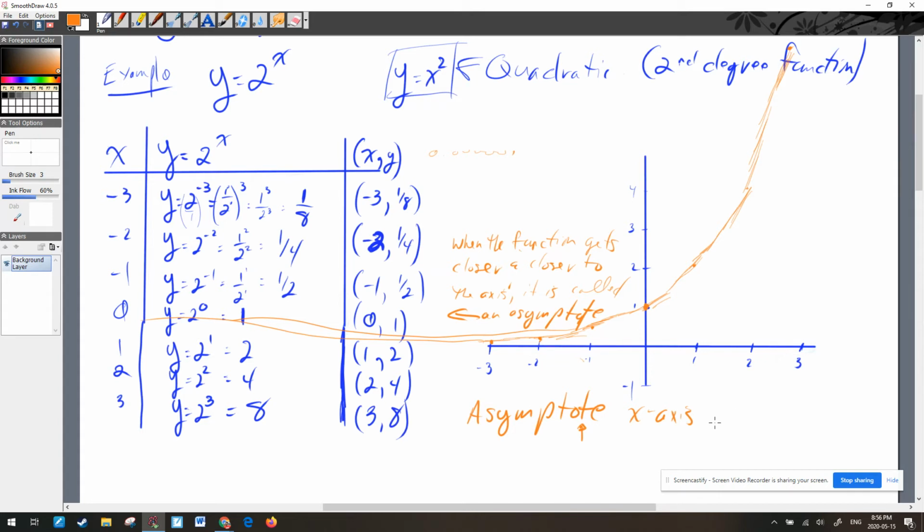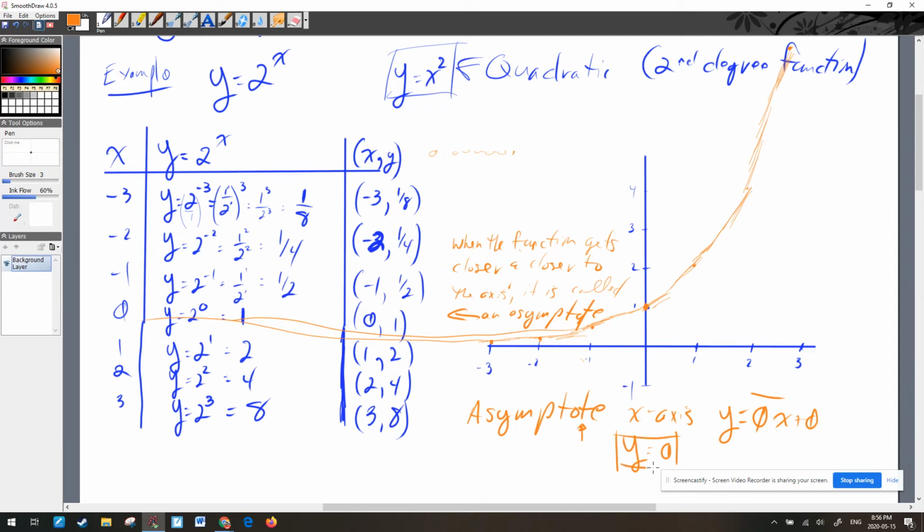And the equation of the x-axis, if you remember grade 9, is y equals 0, right? Because it's really 0x plus 0. Well, a slope of 0 means horizontal, and a y-intercept of 0 means at the origin. So the equation of this is y equals 0.